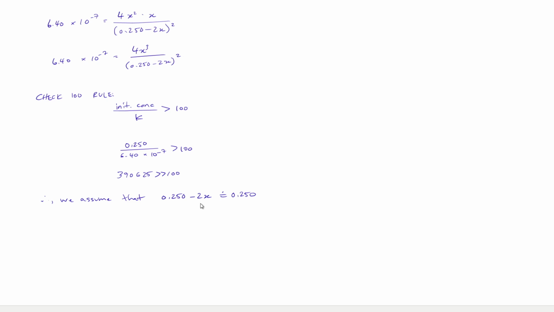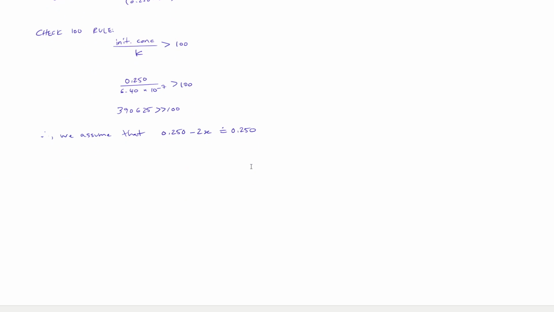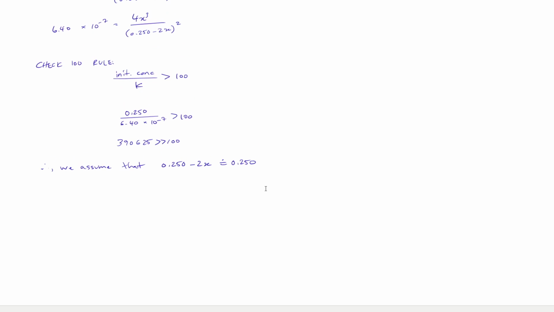Because this x is so small, when I subtract it from 0.250, the number I get is still basically 0.250. So I'm just going to keep 0.250 to simplify this calculation. With this simplification, I'm going to go back to this portion of my calculation, 6.4 times 10 to the negative 7.